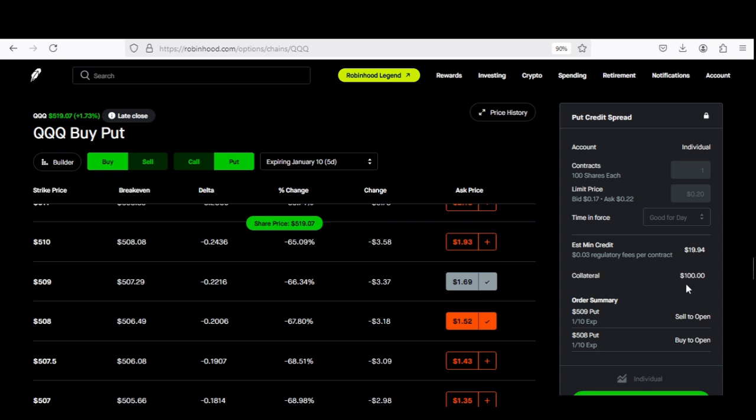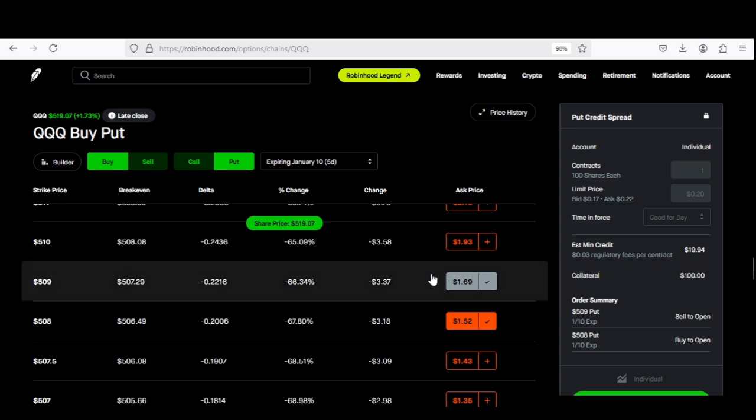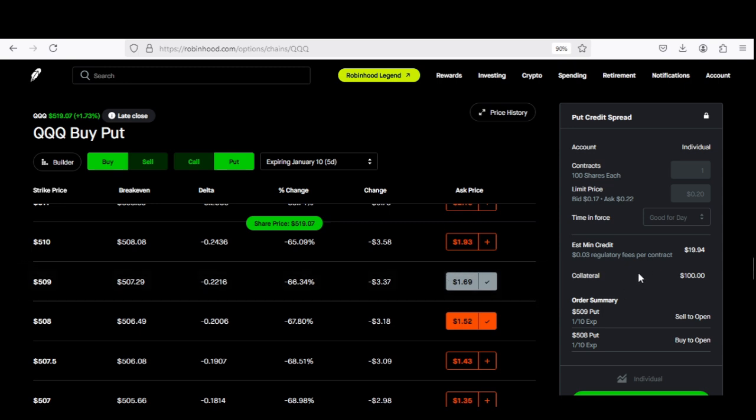Your overall loss is going to be a net between $100 minus the premium you received, which is going to be $80. So when we initially did this option strategy, I showed you guys that there's an 80% chance of profitability, meaning that there's an 80% chance this trade goes in your favor. With an 80% chance of this trade going in your favor, it stands to reason that there's a 20% chance that this trade goes against you. So always keep that in mind as well.